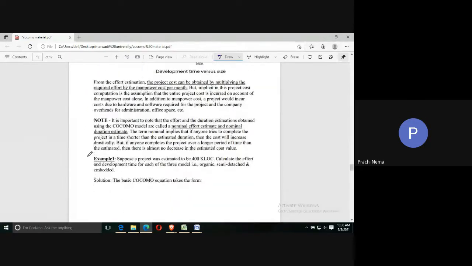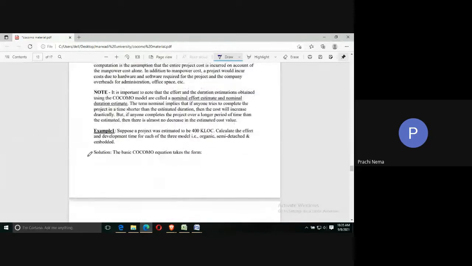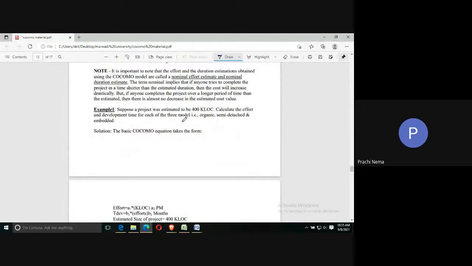See, there is one example given over here: suppose the size of the project is this, and you need to calculate the effort and time for each of the three modes, that is organic, semi-detached, and embedded.